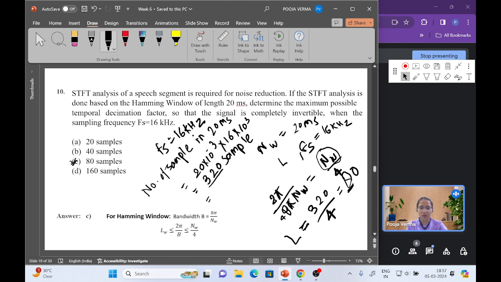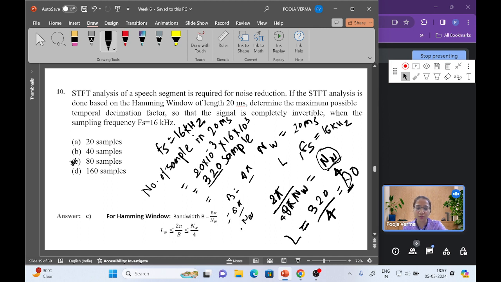So have you got this question? How will you solve it? As you know, for a rectangular window the bandwidth is 4 pi by NW, and for a Hamming or Hanning window it is 8 pi by NW. So the decimation factor L must be 2 pi by B, which equals NW divided by 4.